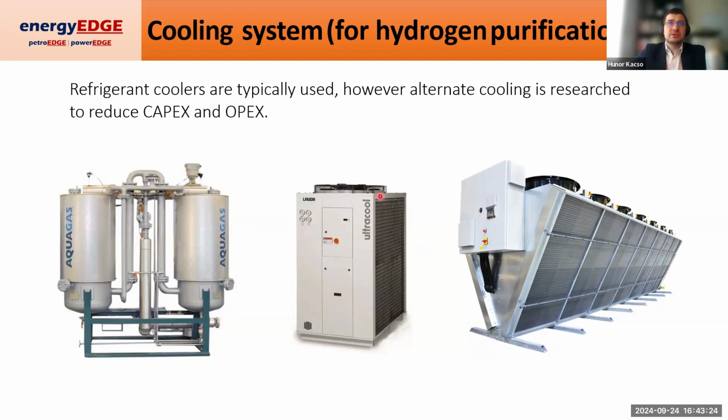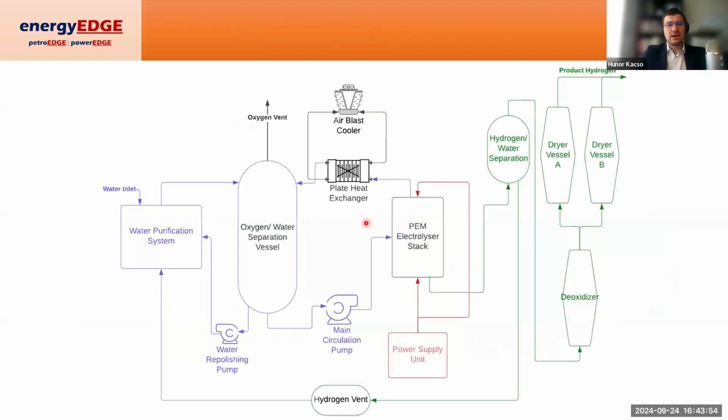There's actually quite a lot of research going into reducing the size of these refrigerant coolers, or even moving from refrigerant coolers into air blast coolers. Why? Because refrigerant coolers are very expensive. The OPEX and the CAPEX are very expensive, and we want to put as much electricity into the electrolyzer stack and not into the balance of plant. Okay, this is where we are for context.